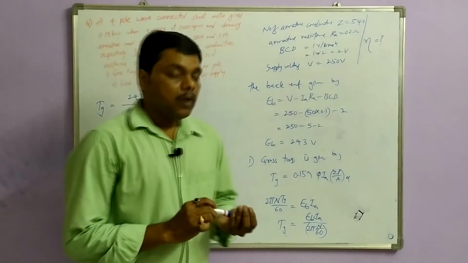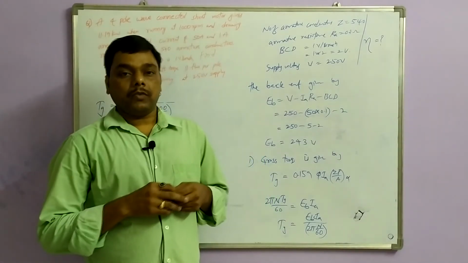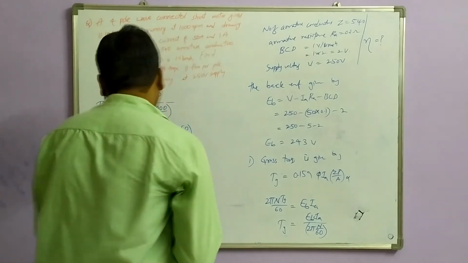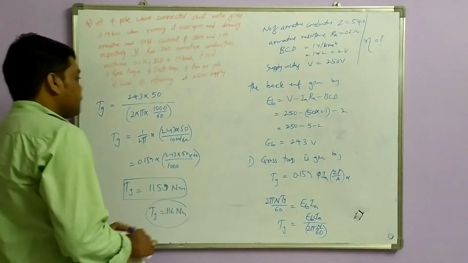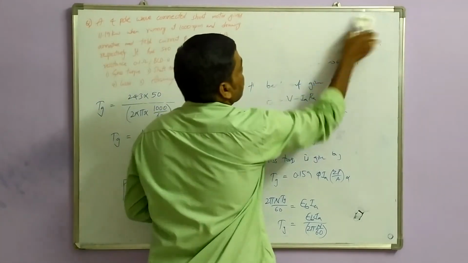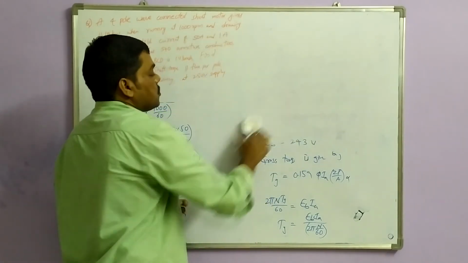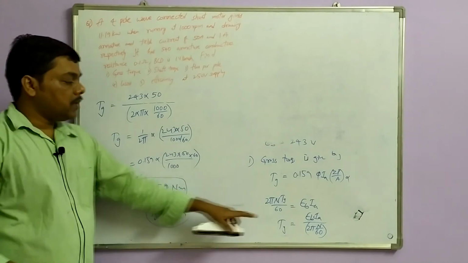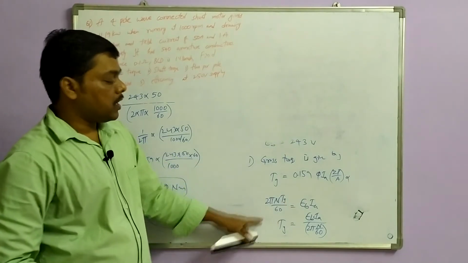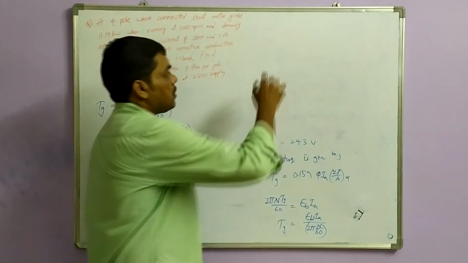Now we will find out the shaft torque. How are we going to find it? Similar to back EMF and armature current, we have a formula for shaft torque also.